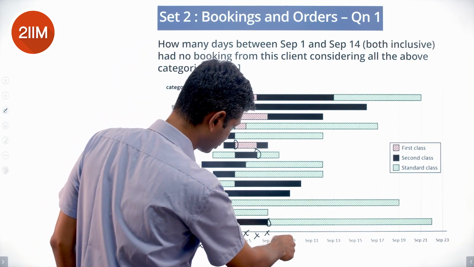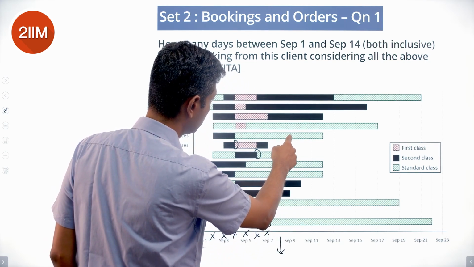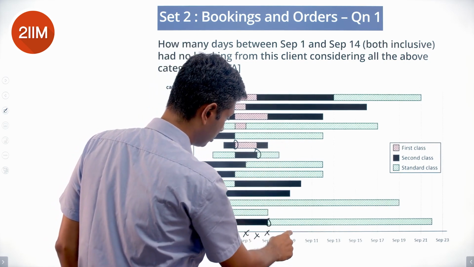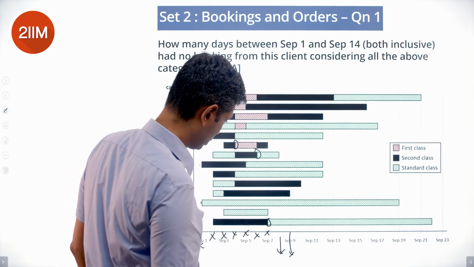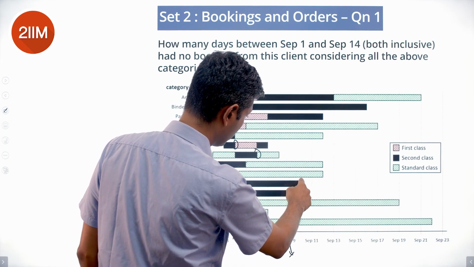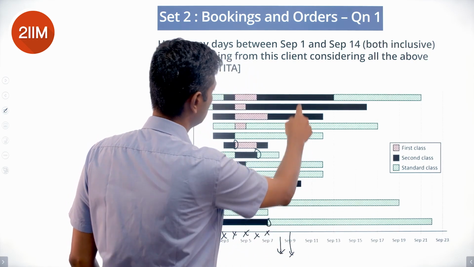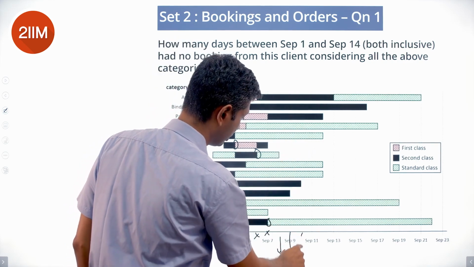September 9, this ends here. Nothing here. September 9 works as well. September 10, we have an ending here. Nothing here. September 10 counts as well.